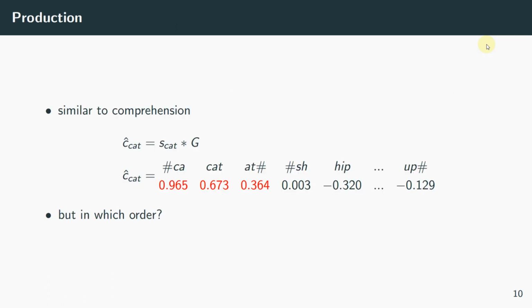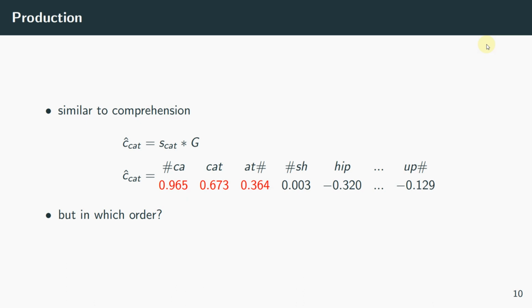On the production side, the first step is similar to comprehension. We have the semantic vector S cat, and when we multiply it with G, we can get the predicted C hat cat, which shows which trigrams are present in the word cat.